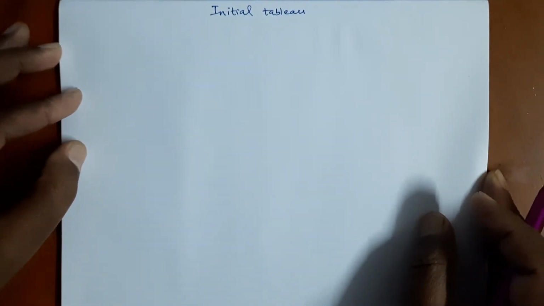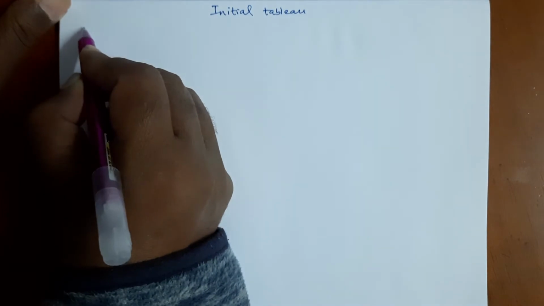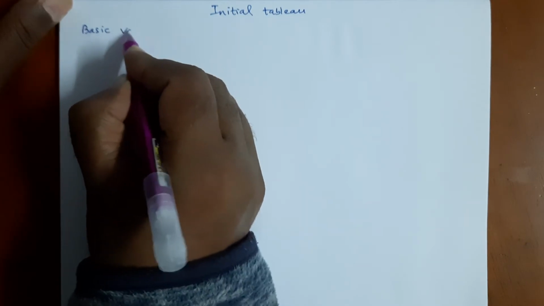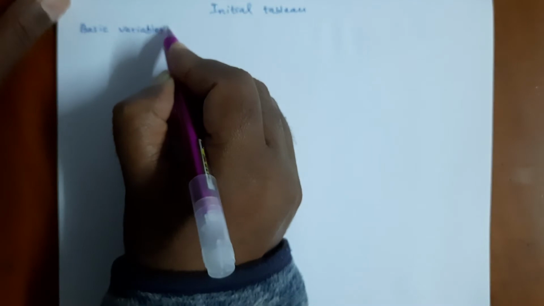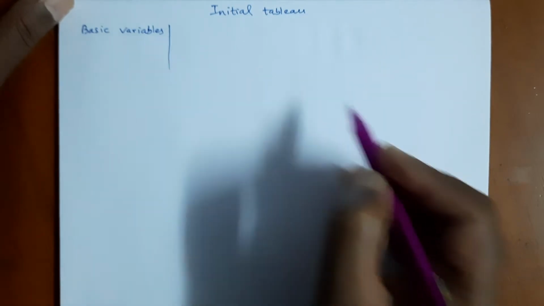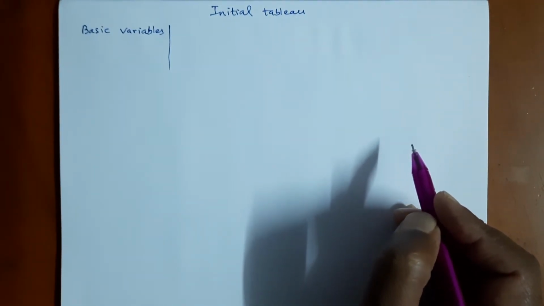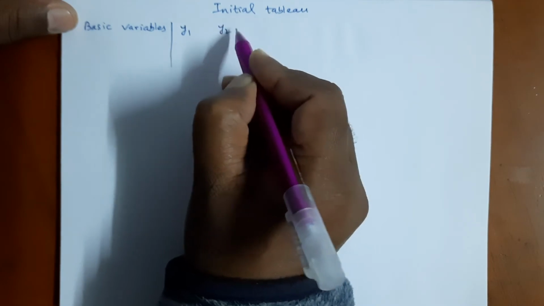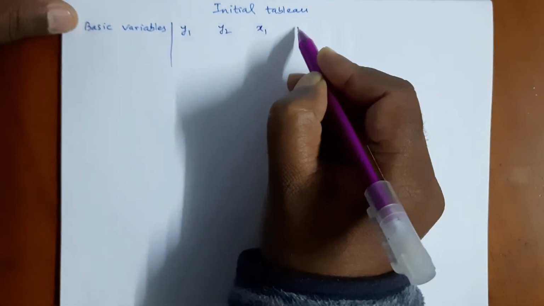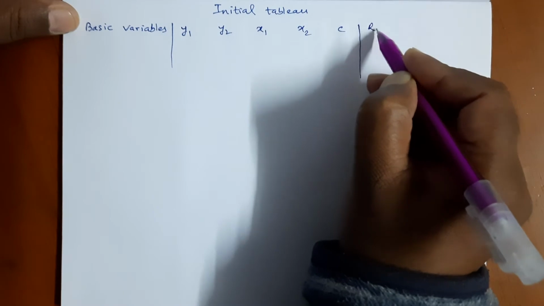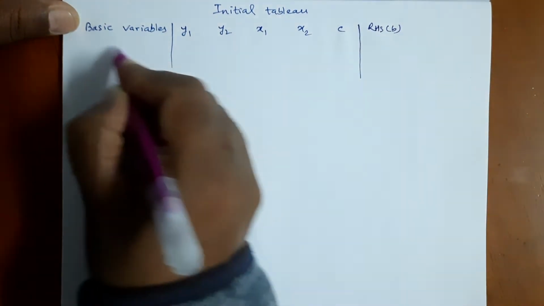Okay, and basic variables, here we write basic variables and here we have y1 y2 x1 x2 constant, and your RHS right hand side is B.